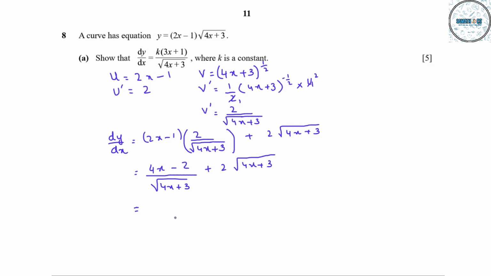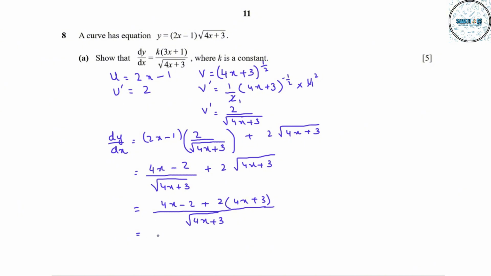Now we will make the denominators the same. So we will have here √(4x + 3). This will remain as it is, as it has already √(4x + 3) in the denominator. But this will be multiplied by √(4x + 3), so this will become 4x + 3.